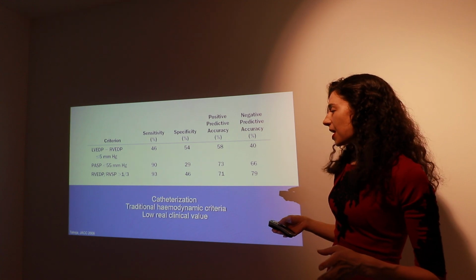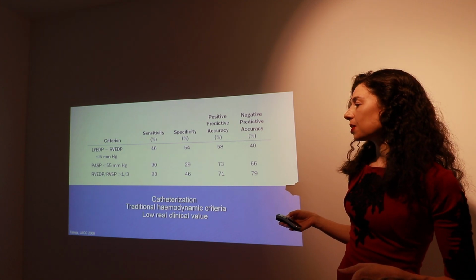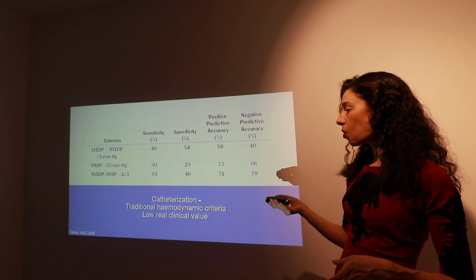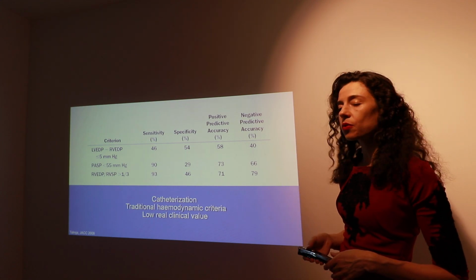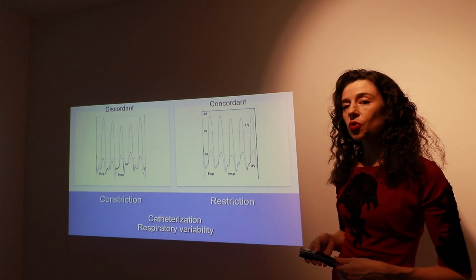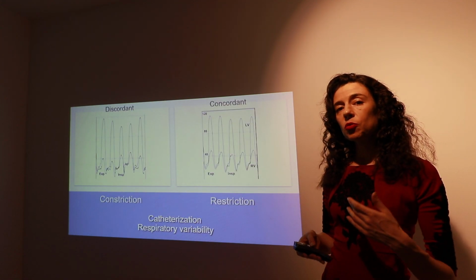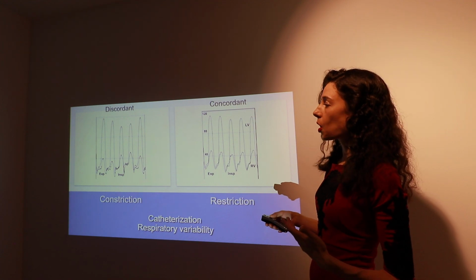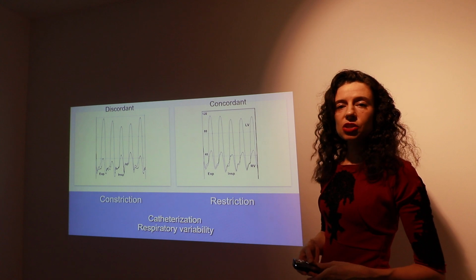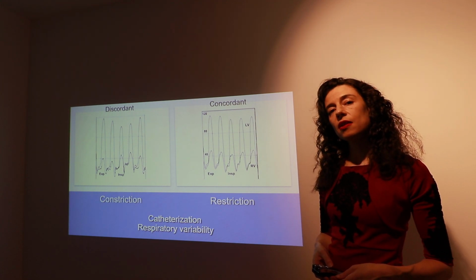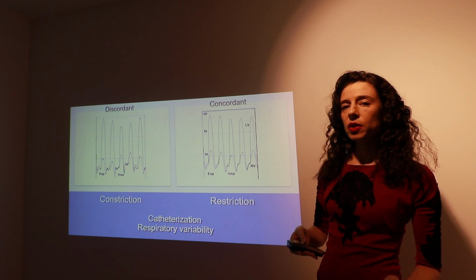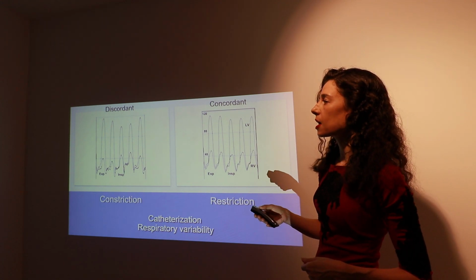However, I should say that these typical hemodynamic criteria have low real clinical value, and therefore there is a search for new hemodynamic criteria which could be derived from the respiratory changes in RV and LV pressures during inspiration and expiration.